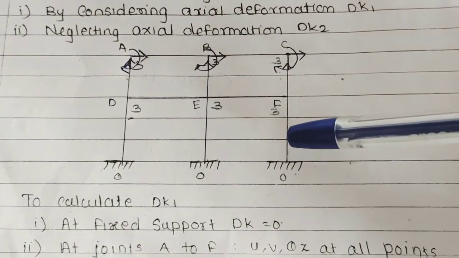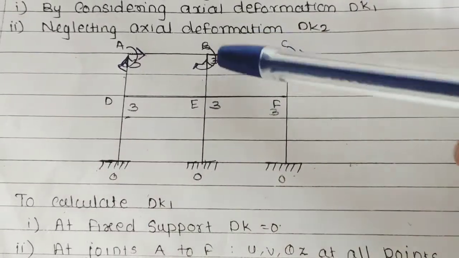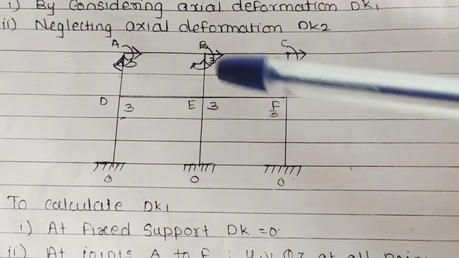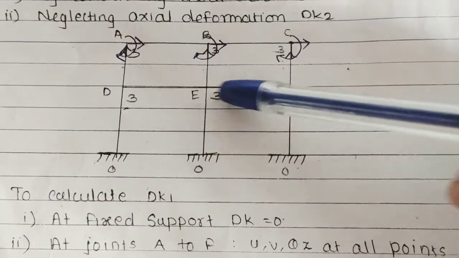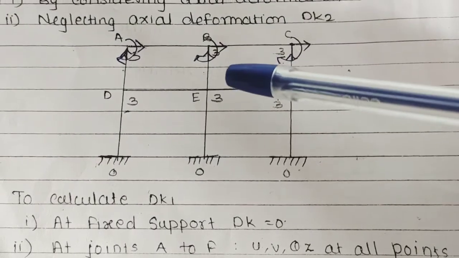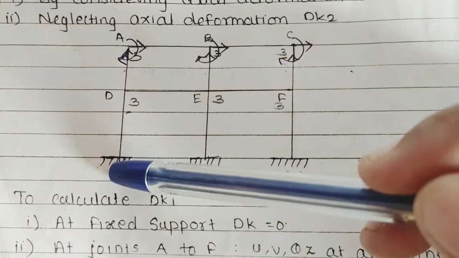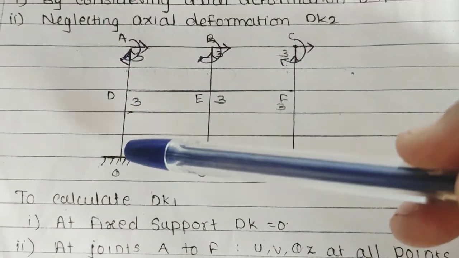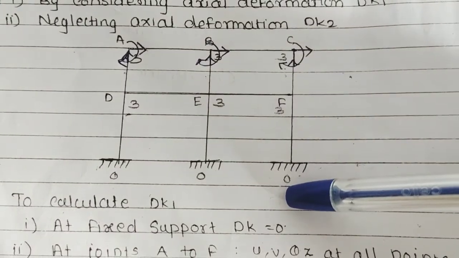When we neglect the axial deformation, here the vertical member is the axial member, and in the horizontal member there is a horizontal displacement. Means in a portal frame you consider the vertical member as the main member, and the deformation through the vertical member is the axial deformation.